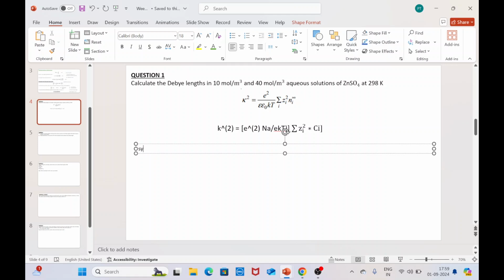Symmetric electrolytes will have the same charge on cation and anion, and asymmetric electrolyte will have different charges.